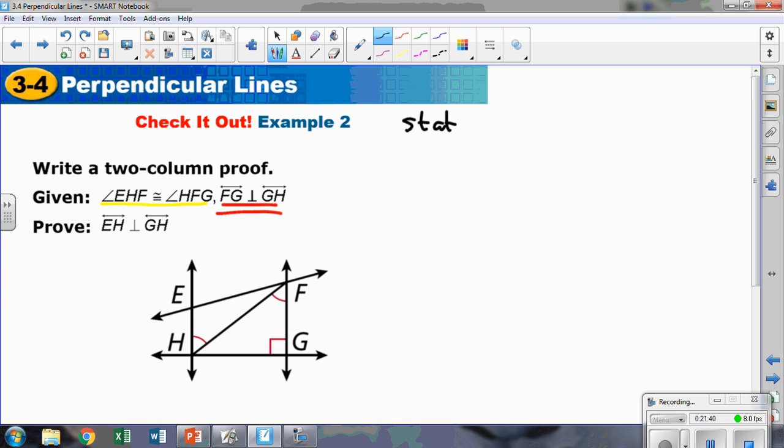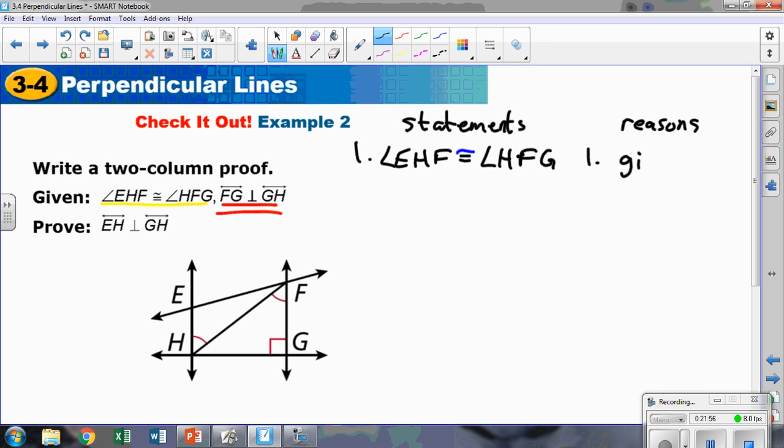We have our statements. We have our reasons. And we're starting off with angle EHF is congruent to angle HFG because that was given to us.